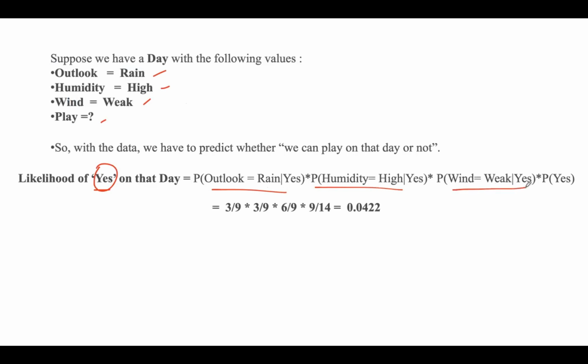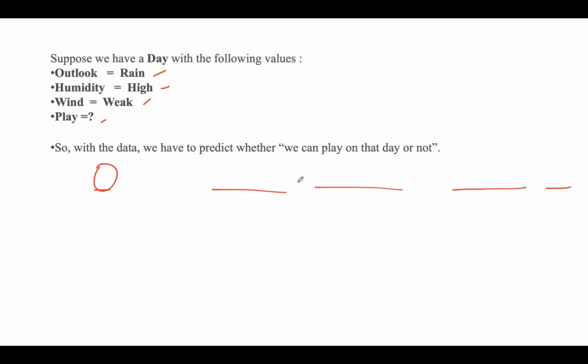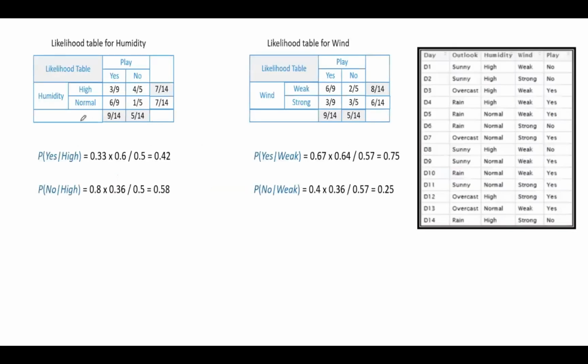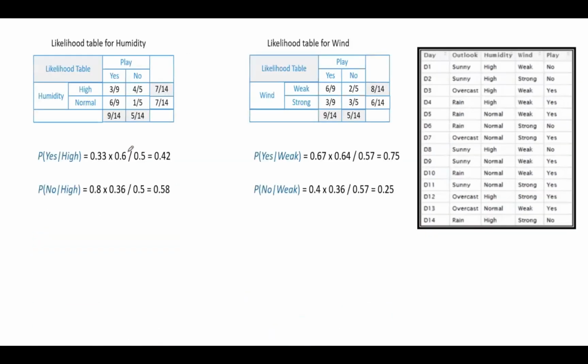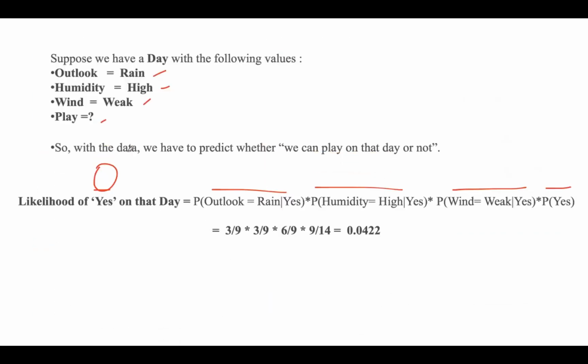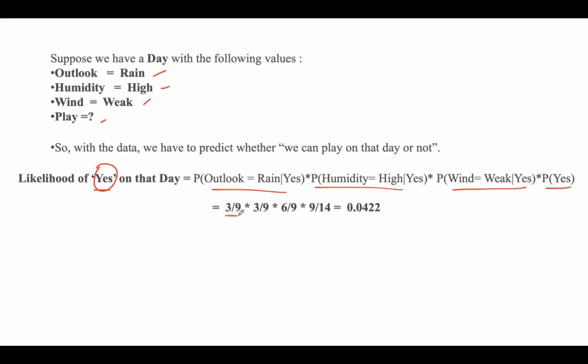Probability of wind equal to weak given yes, multiply that by probability of yes. Just substitute the values which we calculated before. So outlook equal to rain given yes, that value is 3 by 9.